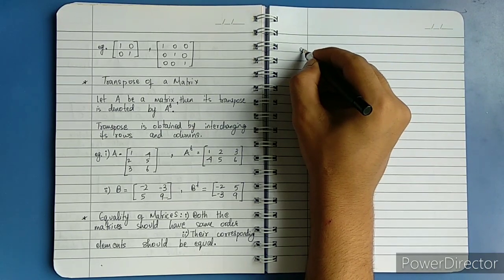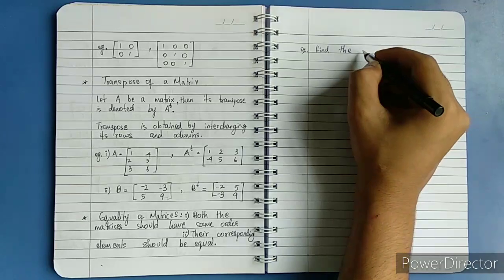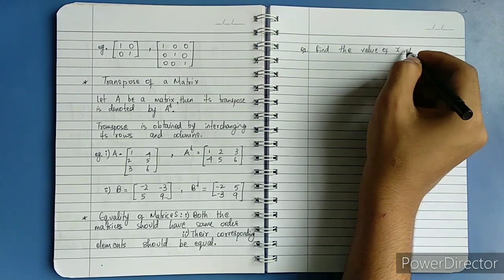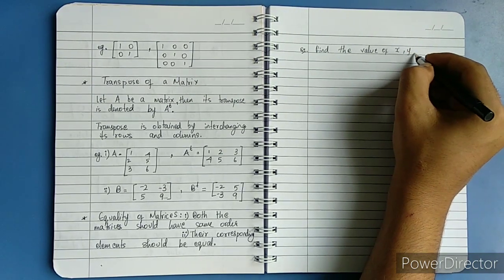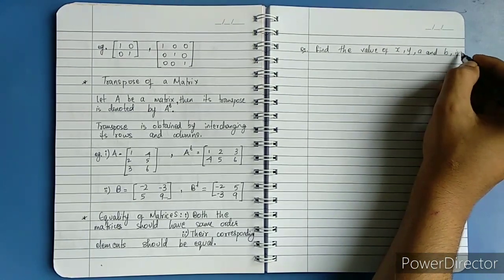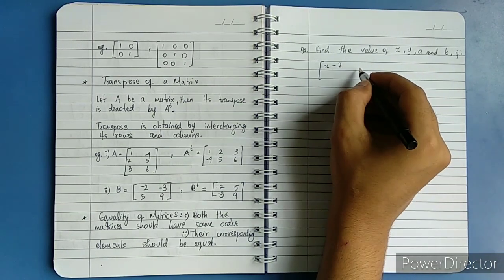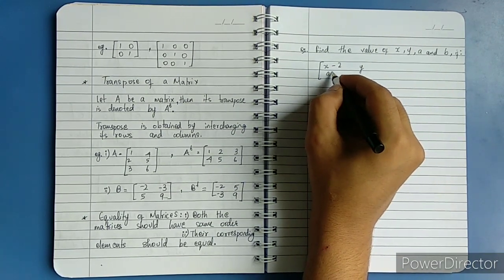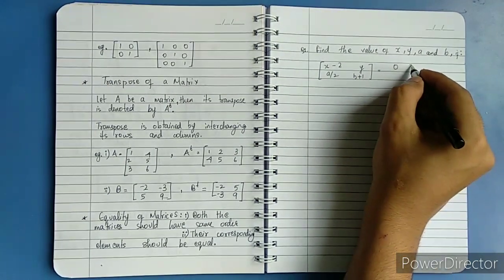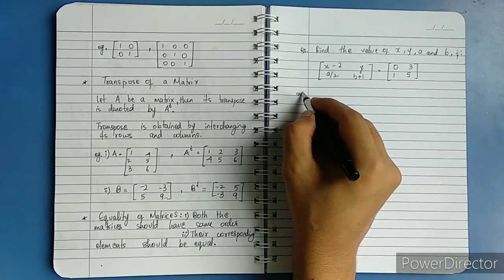So let's deal with a question relating to this. Say find the value of x, y, a and b if the matrix x minus 2, y, a by 2, b plus 1 is equal to 0, 3, 1, 5. So solution.